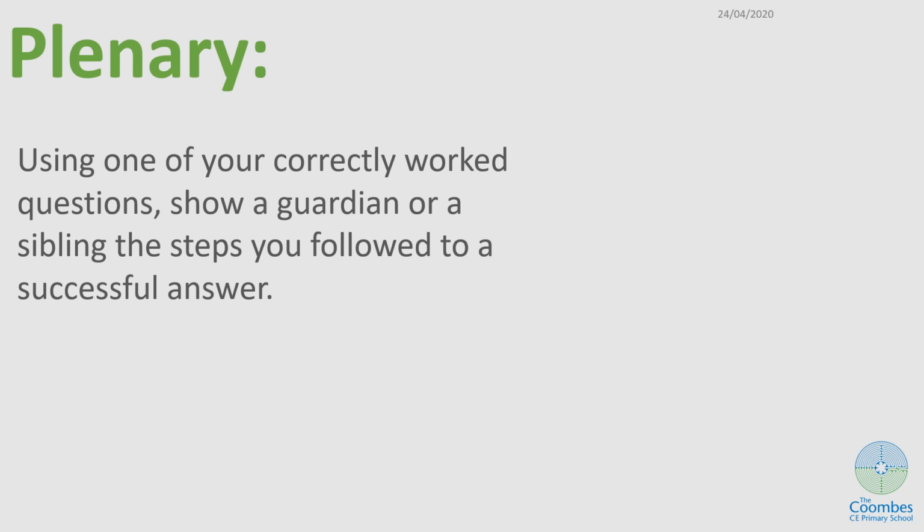Now, I want you to test yourself: look at one of the examples that you really did well in. Now, call a guardian or a sibling and just show them the steps that you followed to a successful answer.